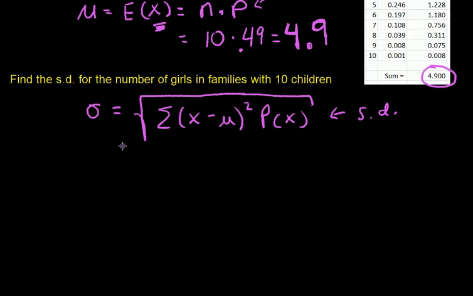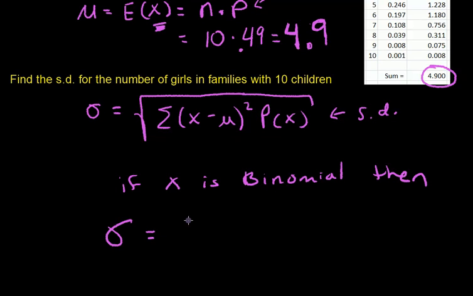There's a shortcut equation if the random variable is binomially distributed. If x is binomially distributed, then you can use sigma equals the square root of n times p times q. This is the standard deviation equation you can use.